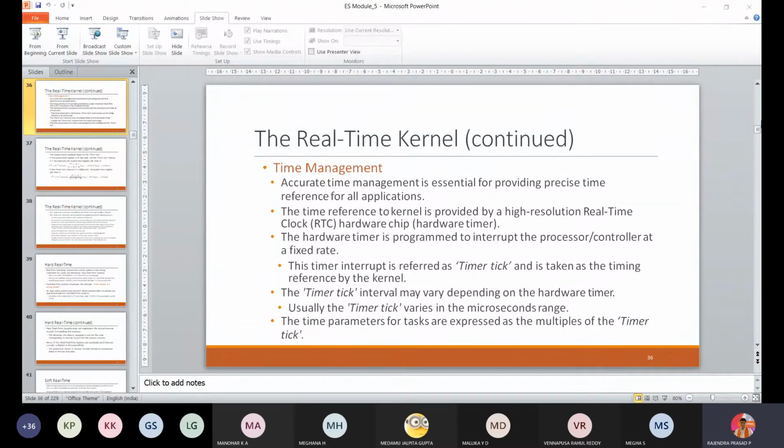Next in embedded systems is about tasks, processes, and threads. You will already know what a task is and what a process is. Now here one word we are going to learn is thread. Threads are nothing but the same process or application running multiple times.